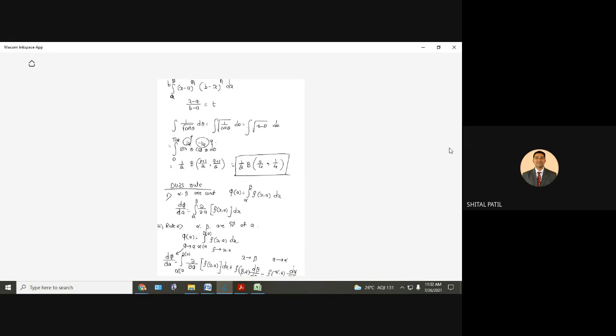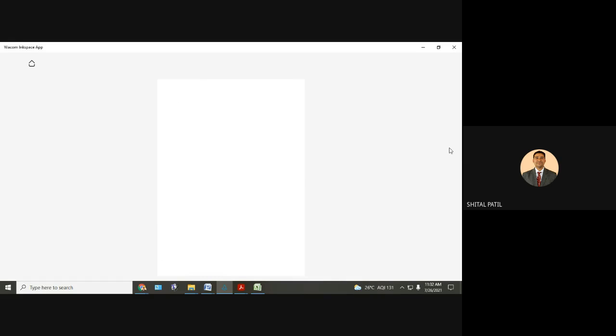Then after that we studied error function. So error function is like this.